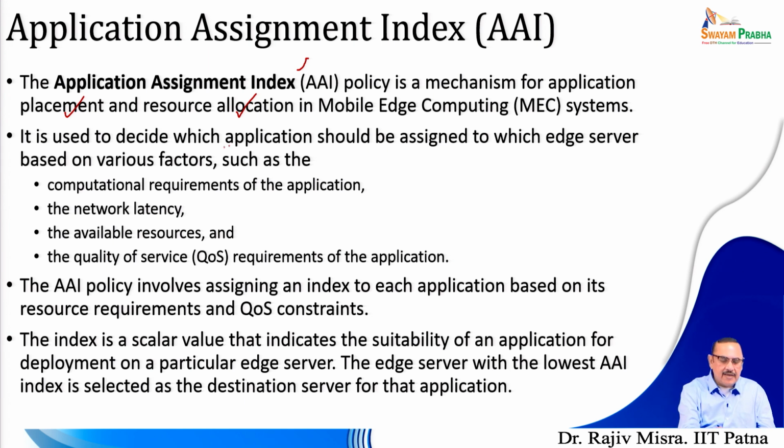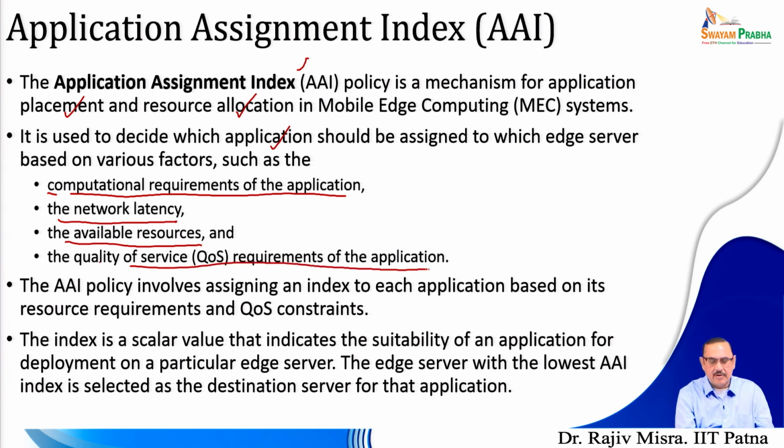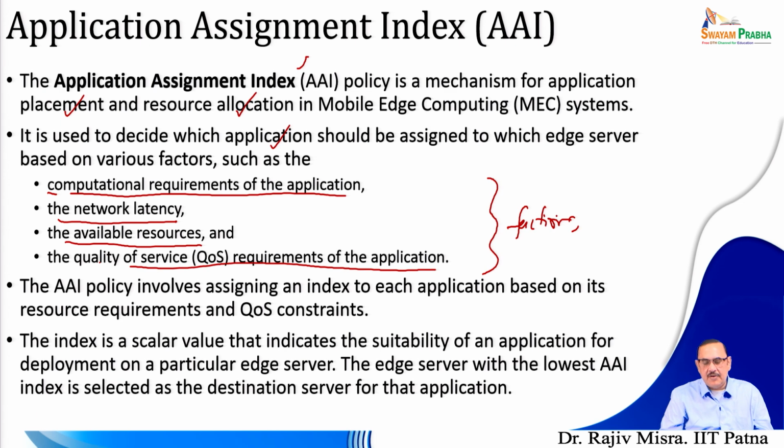It is used to decide which application should be assigned to which edge server based on several factors, such as the computational requirement of the application, network latency, available resources and the quality of service requirement of the application. So, these are the factors required to decide which application should be assigned to which edge server. It is called a matching based on these factors.